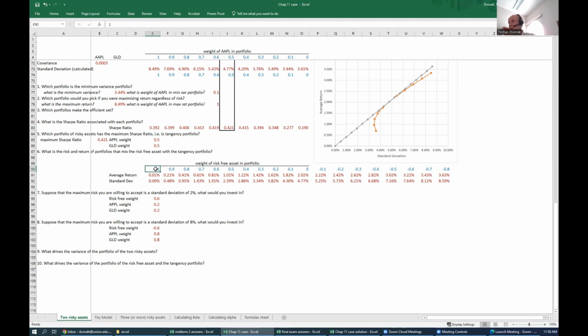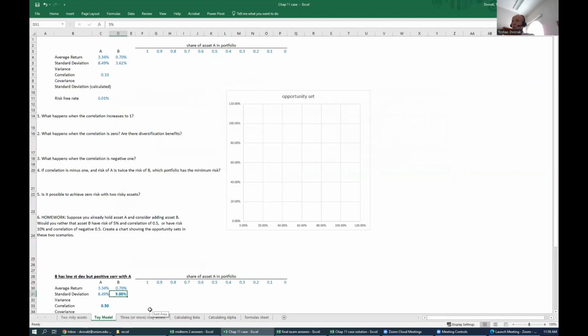If I want more risk, I buy the tangency portfolio and hold less of the risk-free asset, or even borrow the risk-free asset, and that's going to drive the risk of the portfolio that mixes tangency and risk-free asset. So that's a lot of material. I'm going to stop here, and in the next video, I'm going to work our way through the toy model.